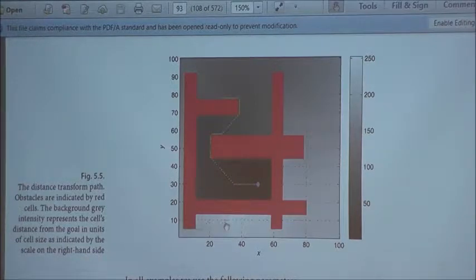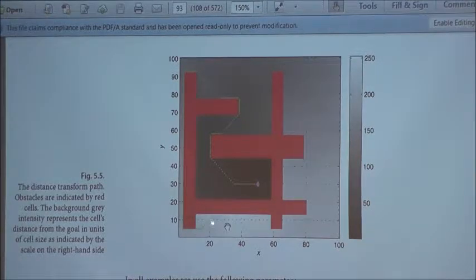So you basically, depending on the color of your cell, you move where you get closer to the goal. In other words, if you are here and you want to go to this cell, you cannot because of the obstacle.